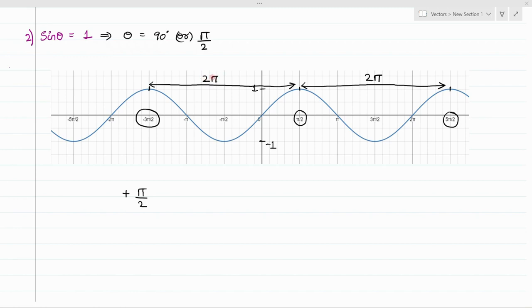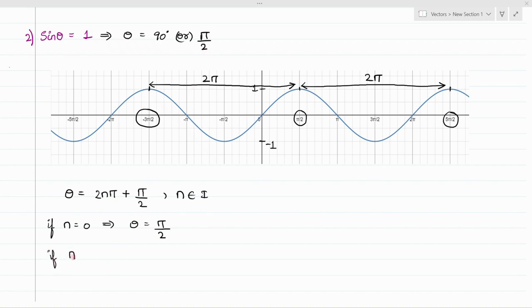So one thing you can note down here is that it becomes 2n pi plus pi by 2, where n can be any integer. This becomes the solution for theta. Let's verify this. If n is 0, theta is pi by 2, which is the basic solution.